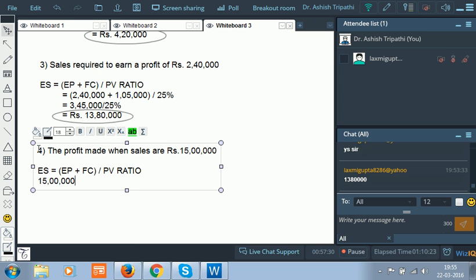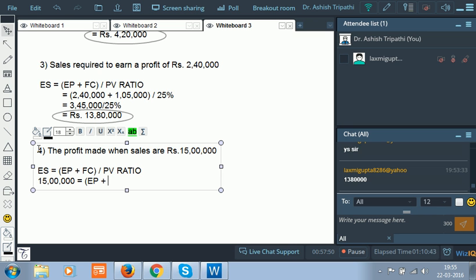Now in this case sales is given, so we'll put sales as 15 lakhs is equal to expected profit, we don't know, that is what we'll have to calculate.